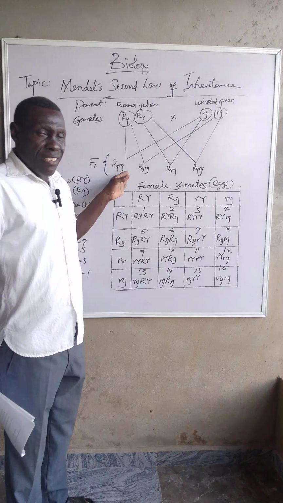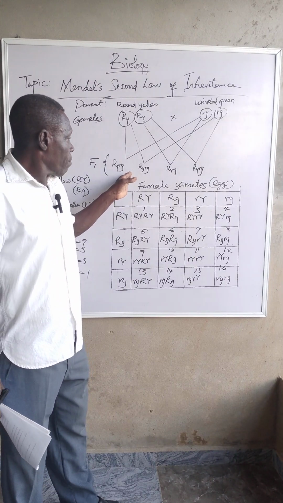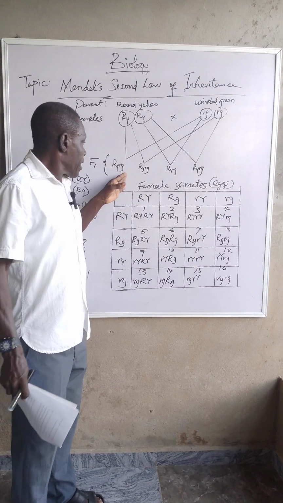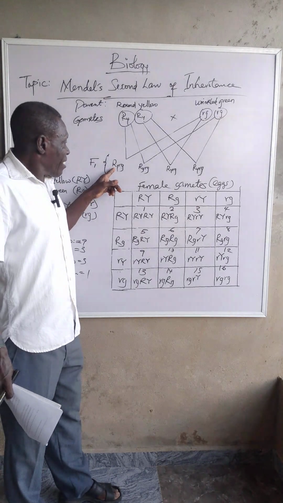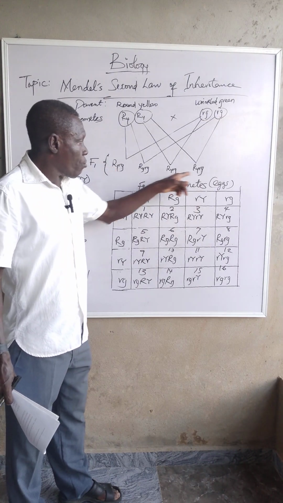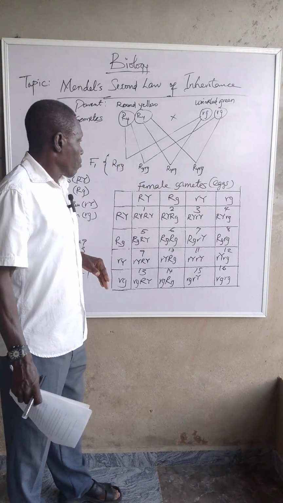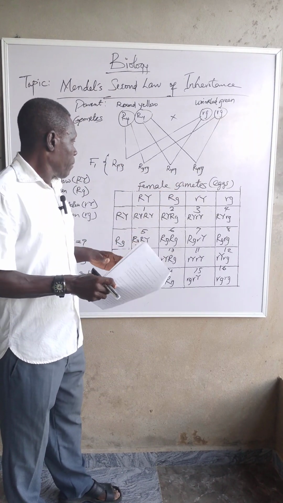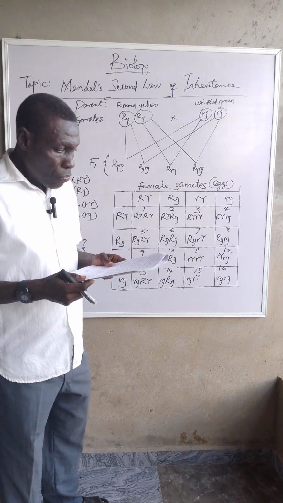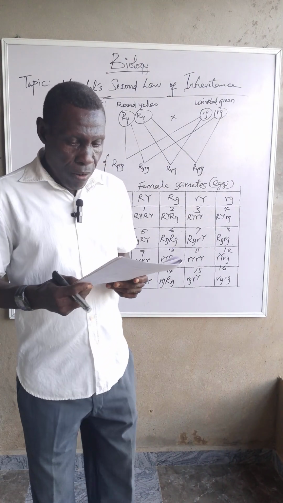This is the first filial generation. So it means that here, roundness is dominant all through.